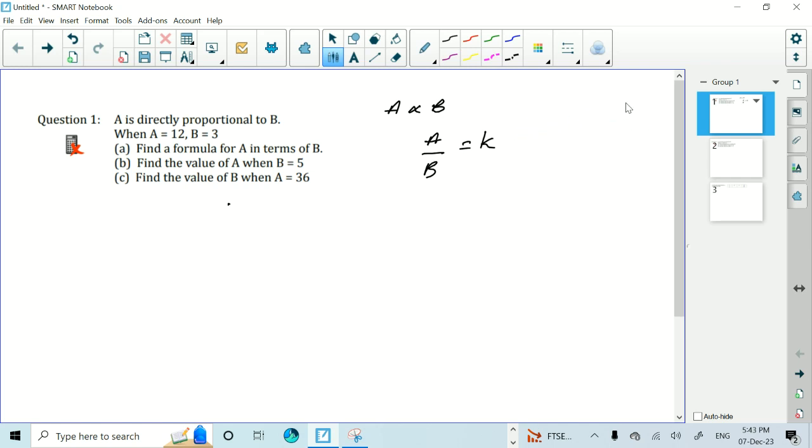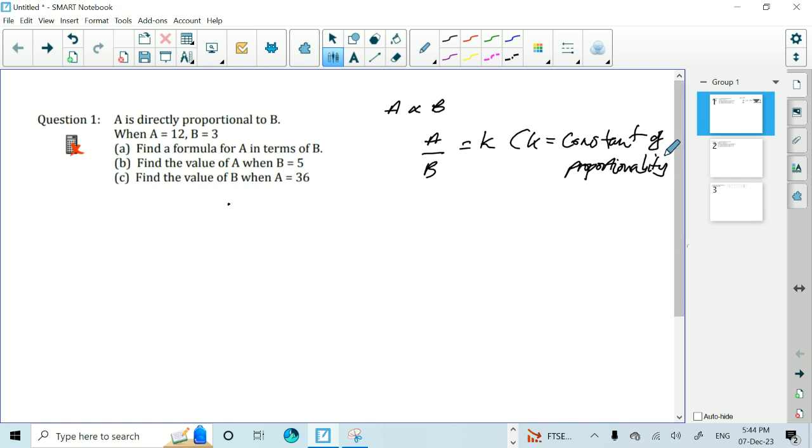K is referred to as the constant of proportionality.